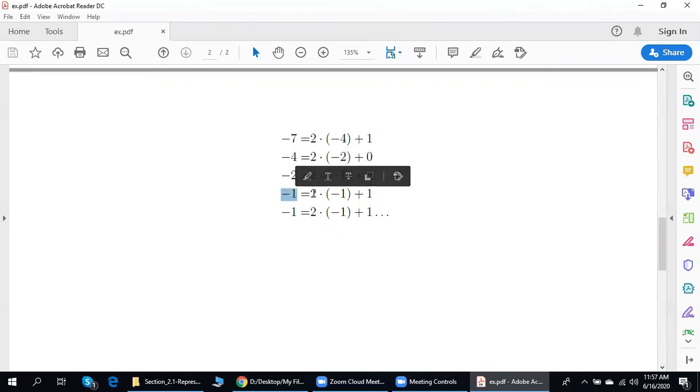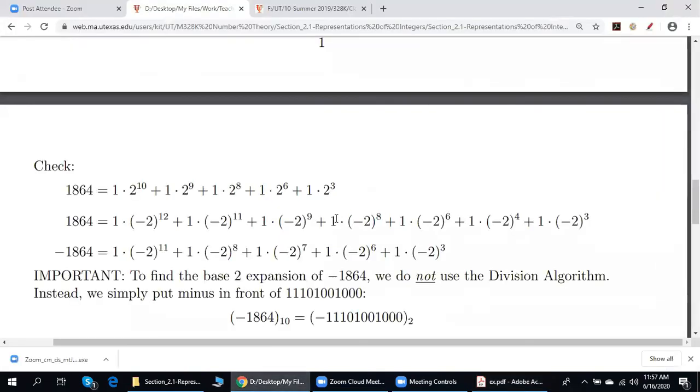Negative 1 is equal to 2, and now, please take a look. Over here, we get negative 1 again. Since over here we get negative 1 again, there is no way we can obtain 0.